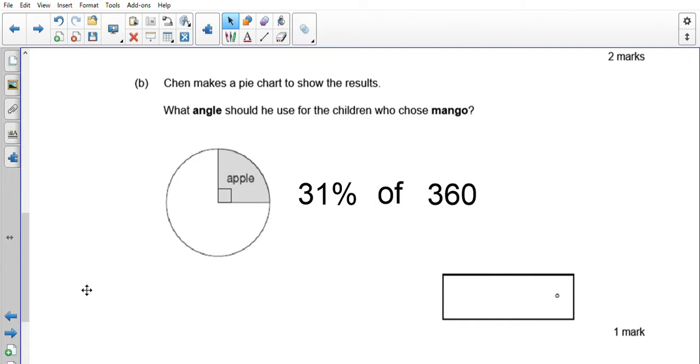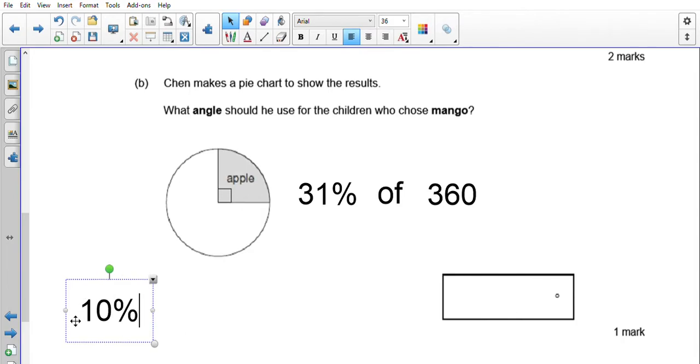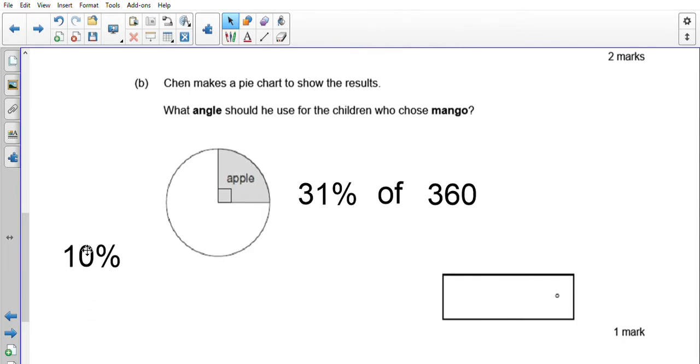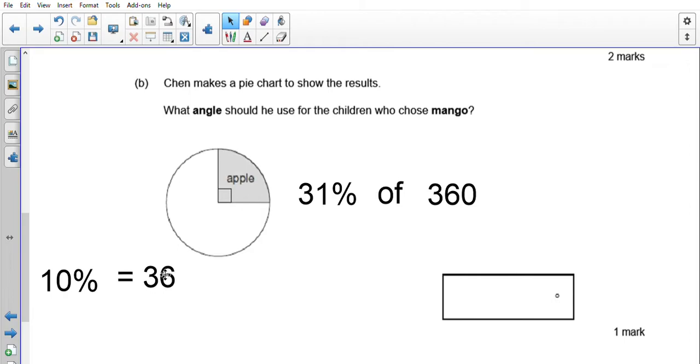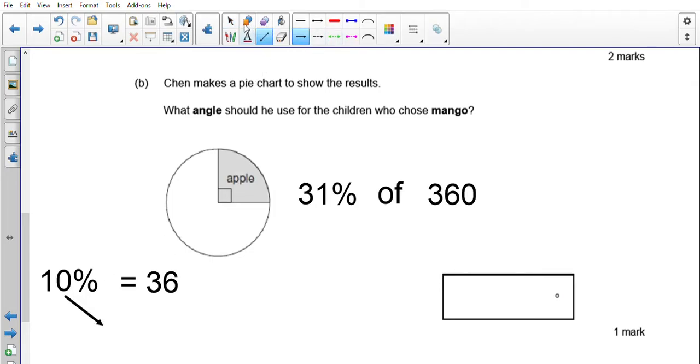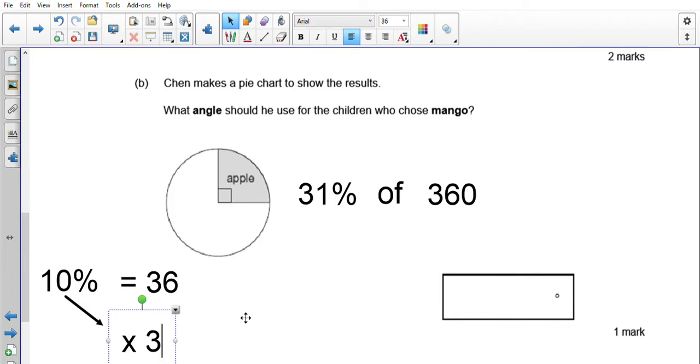Okay, so if I want to find 10%, I divide by 10. So 360 divided by 10 is going to give me 36. So 10% is 36. Alright? So if I want 30%, I take my 10%, and if I have 3 lots of 10%, I'm going to get 30%.